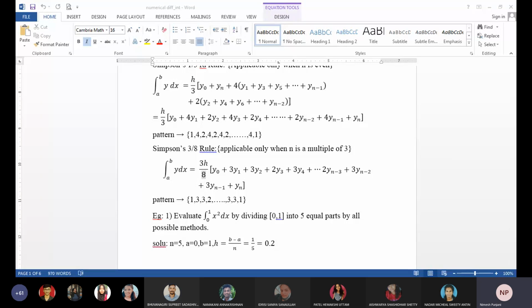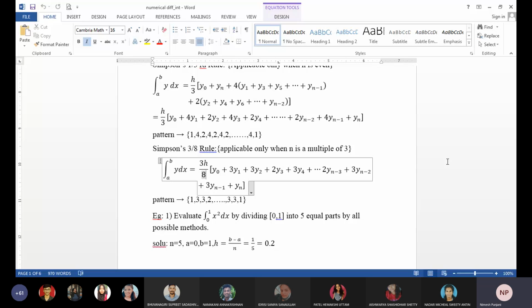Your first point is denoted by x0. So a will be your x0. What will be your b? xn. b will be xn. This is important: x0 will be a and b will be xn.